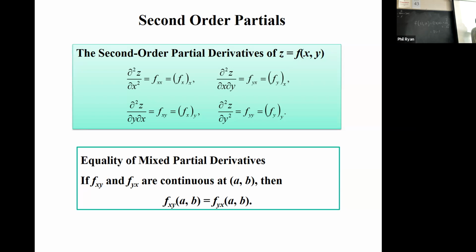Whereas for fxy, we take f, take the derivative with respect to x, treating y constant, and then with that answer, we treat x as a constant and take the derivative with respect to y. This is a little bit confusing, but luckily they're equal, so that removes a lot of the confusion.